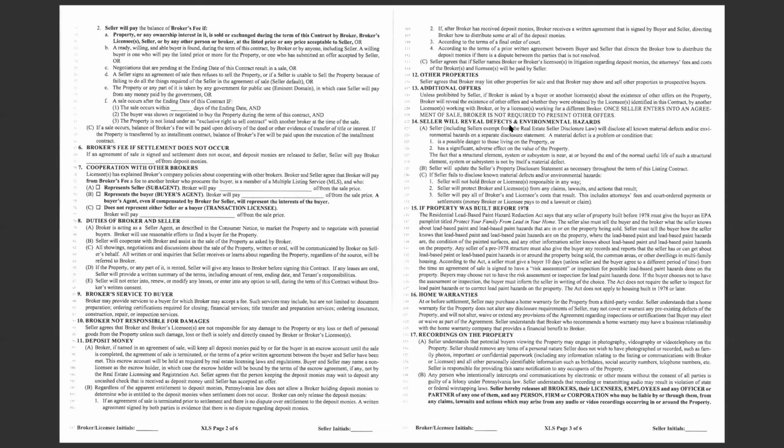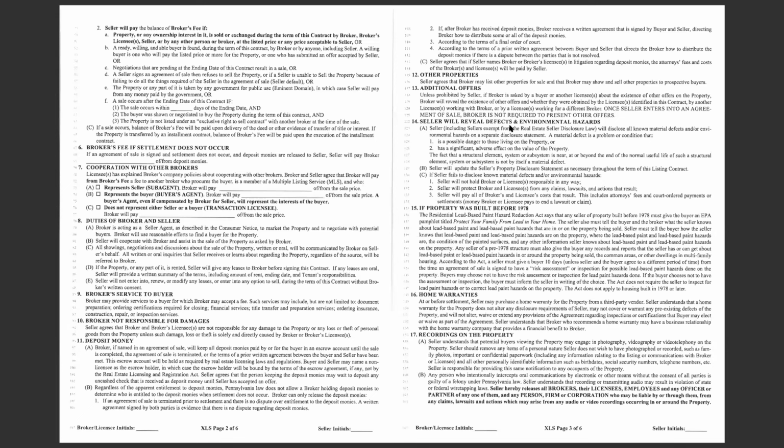So if you were asked in a multiple offer situation, are any of these offers yours, Vicki? Because I'm the listing agent. Are you a dual agent in any of them? I have to answer the question. You can't skirt it. It says right here, you got to answer it. Once the seller enters into an agreement of sale, broker is not required to present other offers.